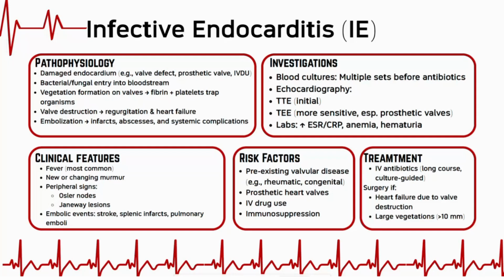So you can have a murmur as a result. It can be a systolic murmur or a diastolic murmur, and this is because of progressive damage to the cardiac structures.